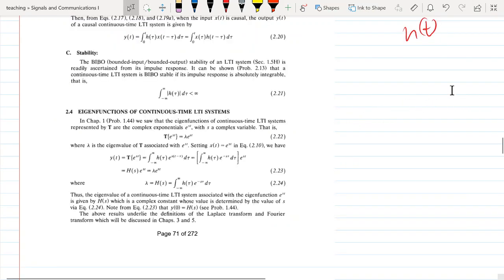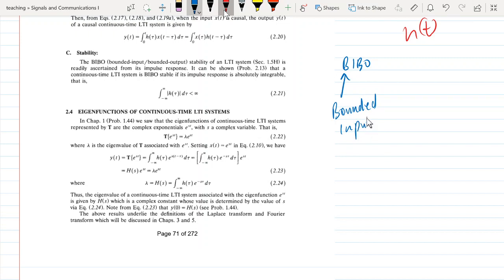So the next item we want to discuss is stability. Stability says that a system is stable if it is bounded input, bounded output, which we normally call BIBO. That is, a bounded input produces a bounded output.